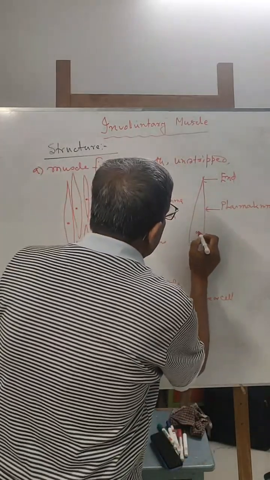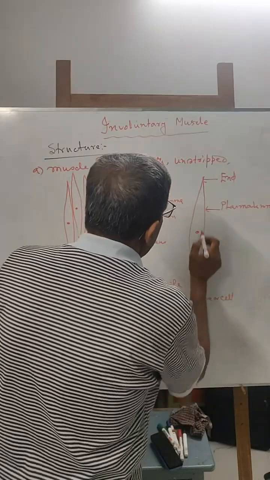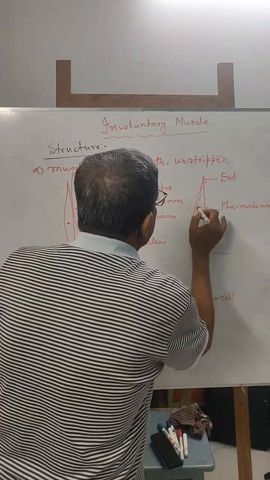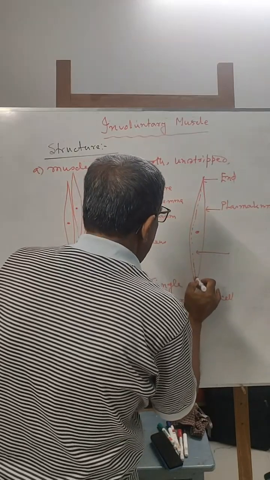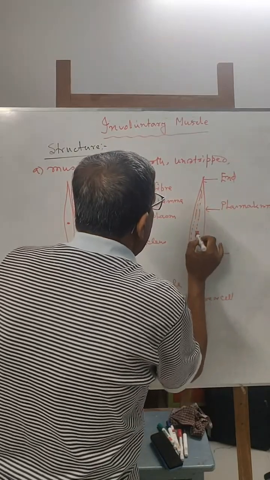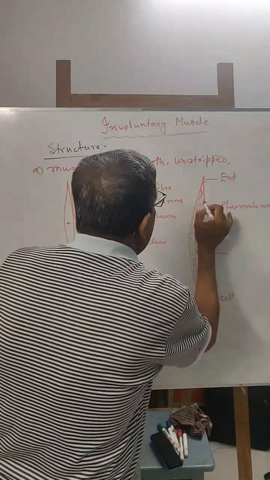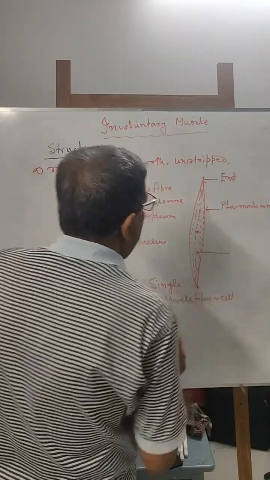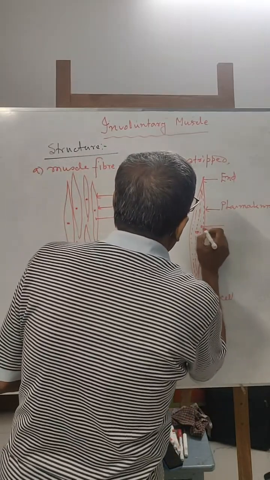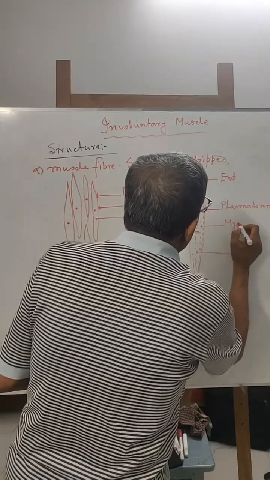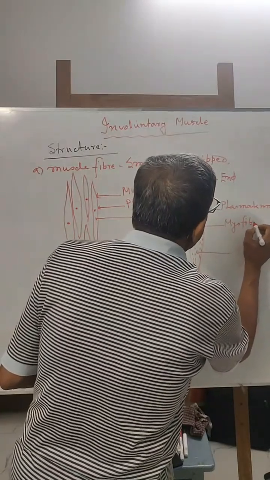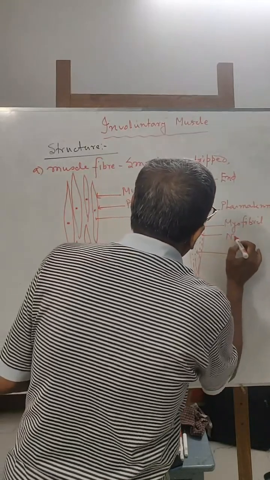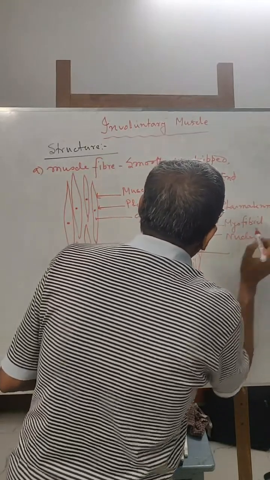This is the nucleus. This is the cytoplasm. In the cytoplasm, there are myofibrils and the nucleus.